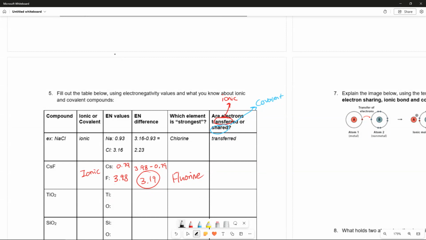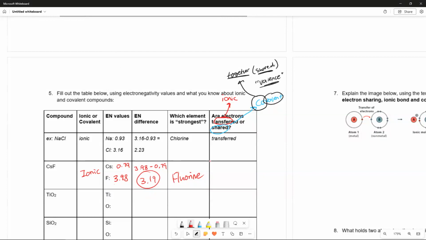Well, valence electrons, valence, right? And so co means together or shared. You're sharing together. So since you're sharing valences together, you're going to have a sharing of electrons versus ionic where it's being transferred.